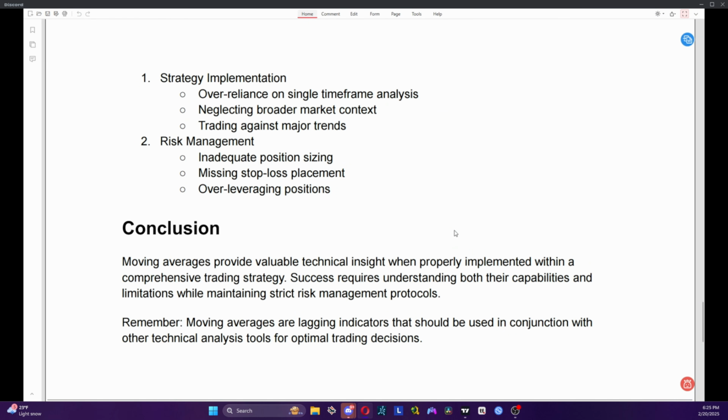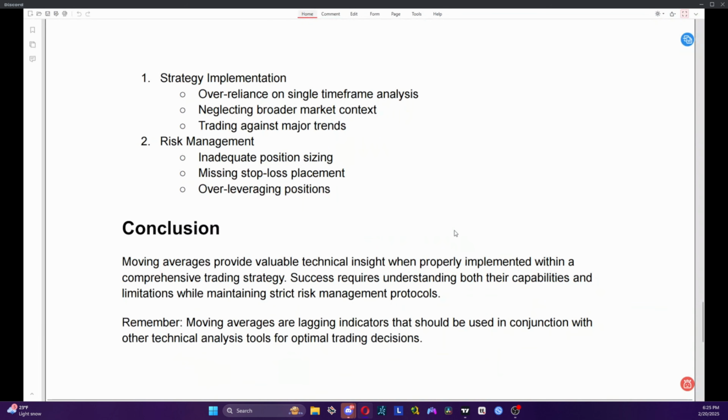Moving averages are lagging indicators that should be used in conjunction with other technical analysis tools for optimal trading decisions. Everything that you have on your screen is lagging. It's historical data. So you're depending on previous information to give you validation that things are going to continue in that direction, which is why Heaven is a big advocate of understanding price action and volume.